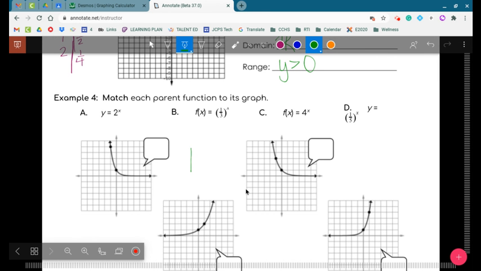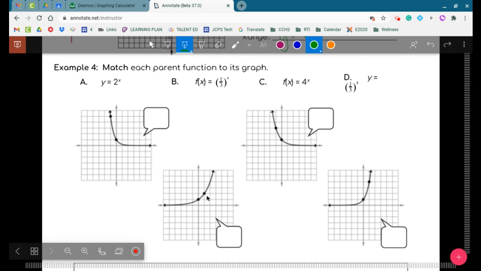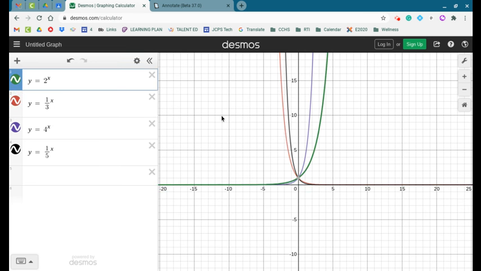This one hits at 1, 2. This one does not, and those two are both decay. So A is going to go to this one. Cross that one out.